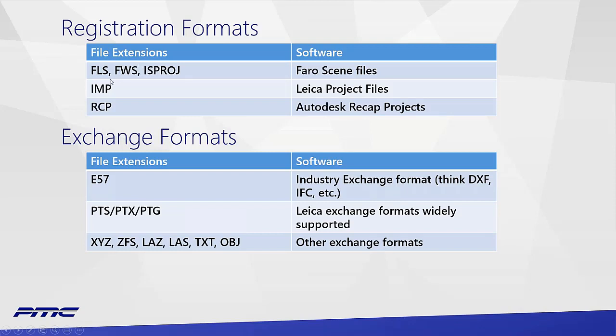So I've listed some of the most common ones here, and I'll start with the registration formats. These are going to be the full point cloud data as it's stitched together in the registration software. With all of these, the manufacturers offer free viewers that will let you open these file formats.